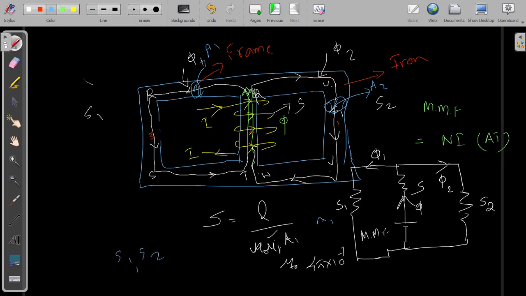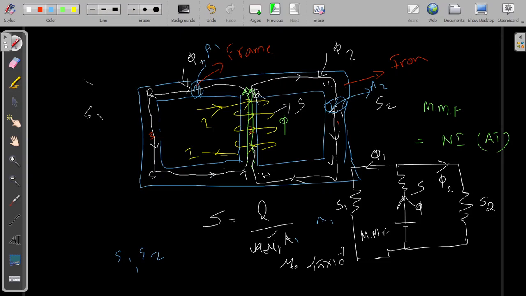Another possibility is that these two paths have different lengths, that is, the distance traveled by the flux phi 1 and phi 2 may be higher or lower for the two paths. In that manner also, the reluctance of the two paths will be different.